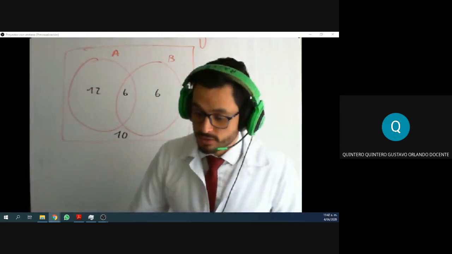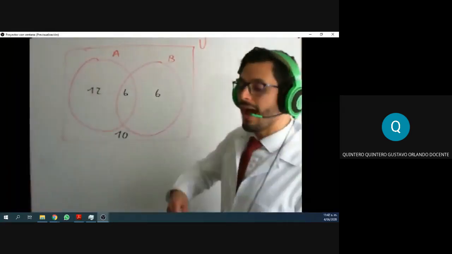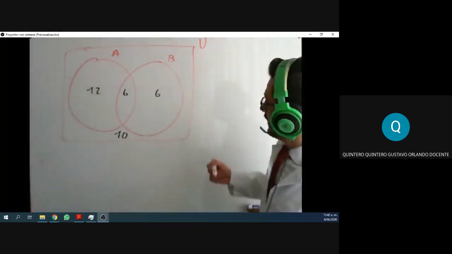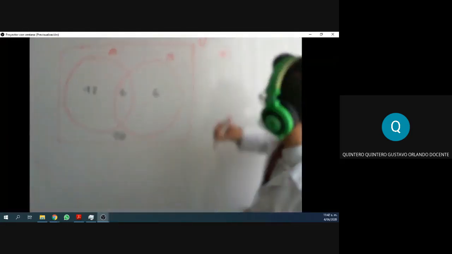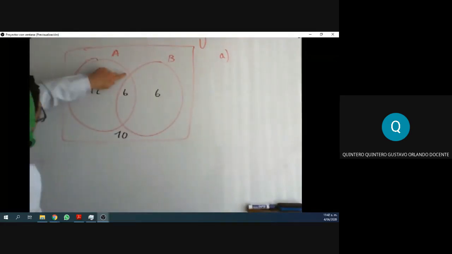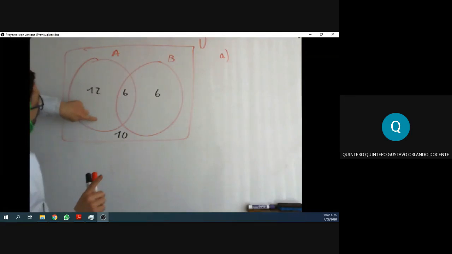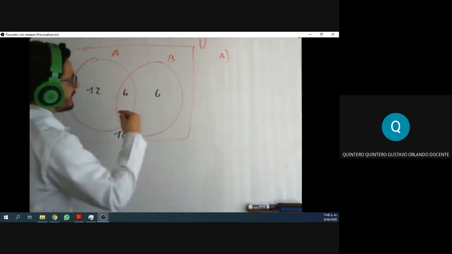And the first question was, find the probability that one of the students is in A, but not in both A and B. This is the one we're doing, right? So what we are asked is the probability that I pick a student and it is in A, so it belongs to this circle, but it cannot belong to A and B at the same time.